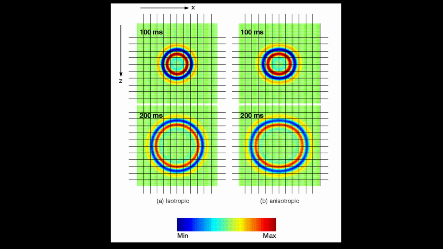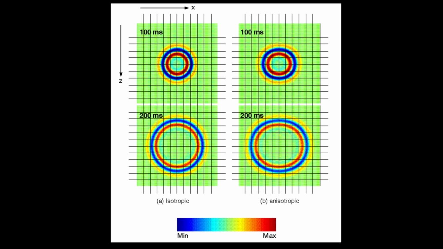Let's start by illustrating the differences in terms of wave propagation between isotropic and anisotropic media. Here are snapshots of wave propagation in a homogeneous isotropic elastic medium to the left and a homogeneous anisotropic elastic medium to the right.